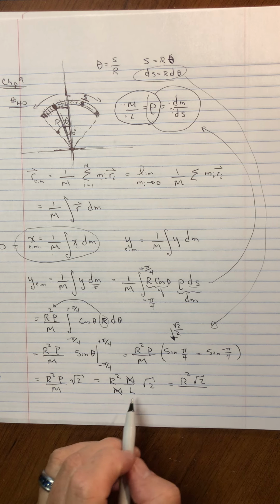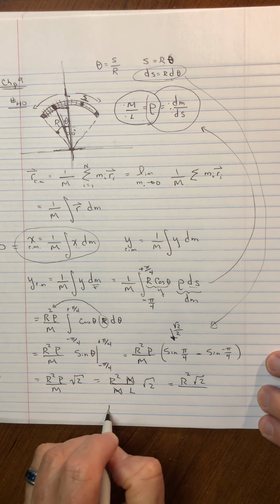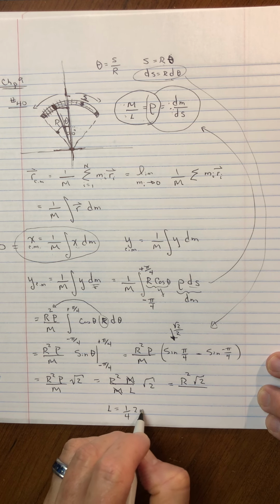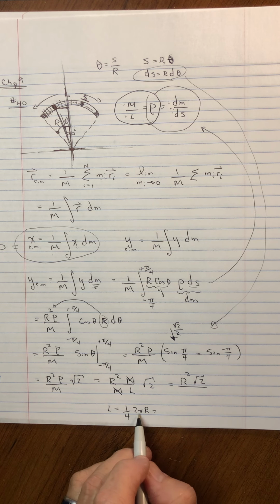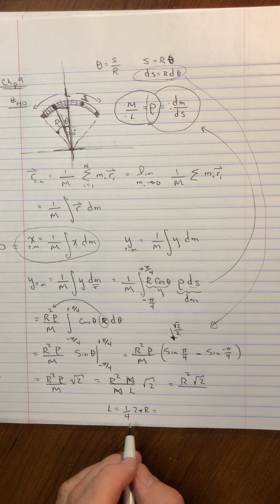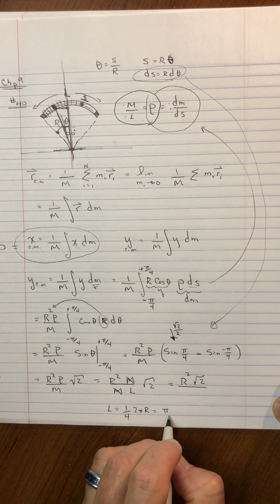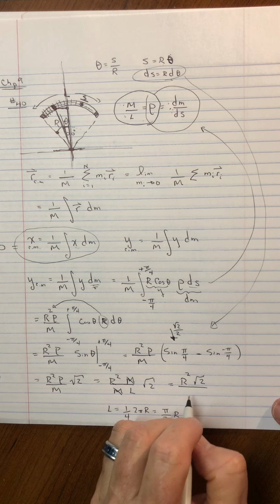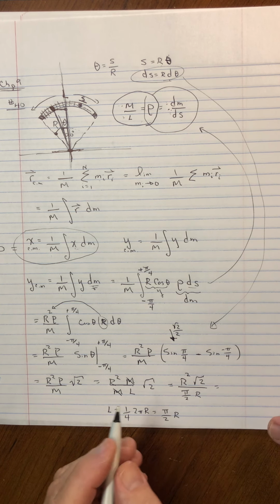And it depends what direction you want to go at this point, but let's talk about the L. The L is a quarter of a circle. And we know that the circumference of a circle is 2 pi r. And so this could be written then as pi over 2r. And so this becomes pi over 2r.